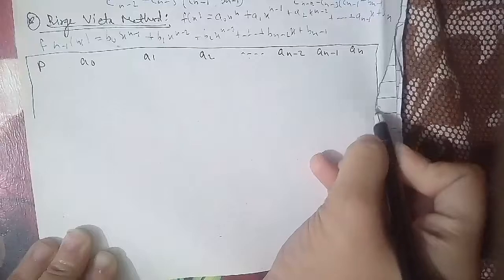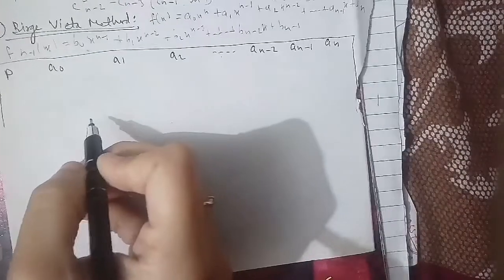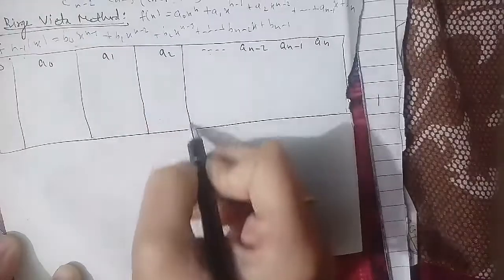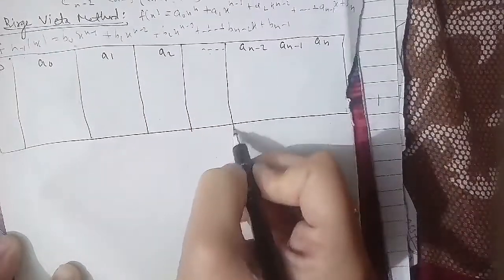When it is p only, then below a1 will be p b0, p b1, ... p b(n-3), p b(n-2) and p b(n-1).